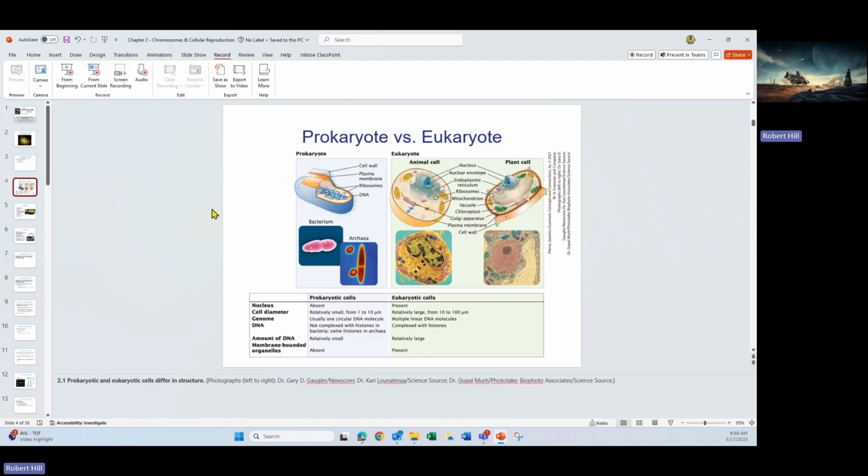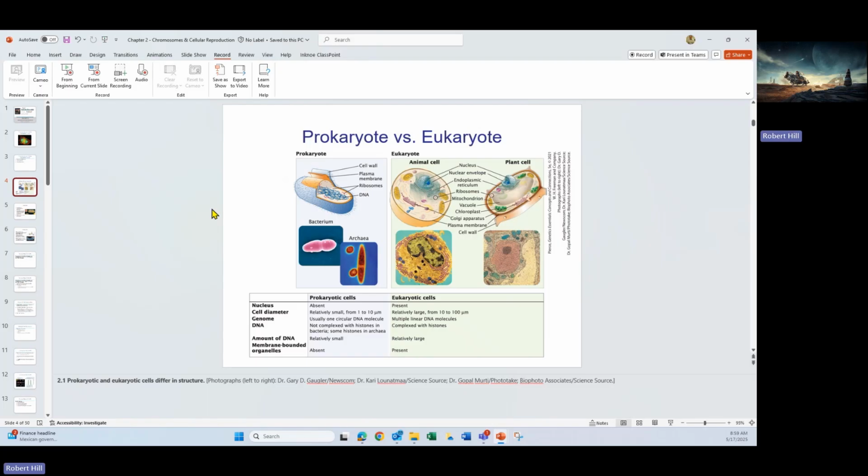So if you compare the two, eukaryotes have membrane-bound organelles, and this gives way to higher complexity because now you have compartmentalization. And when you have compartmentalization, you can do more specific functions, right? Like a double membrane mitochondria can do a more specific function like aerobic metabolism.